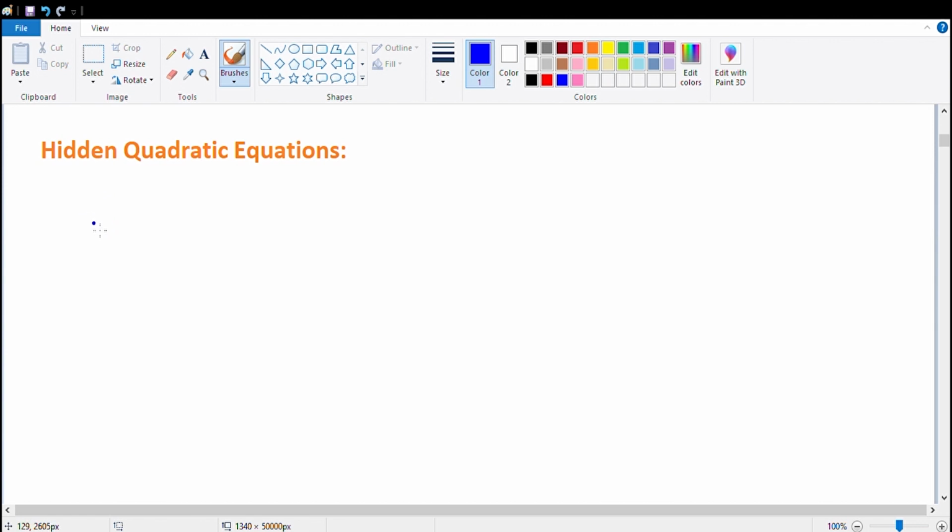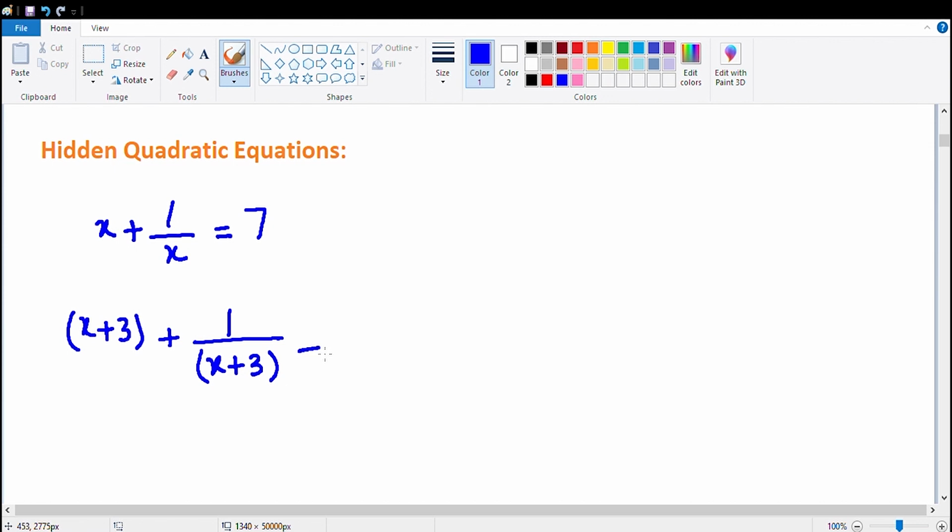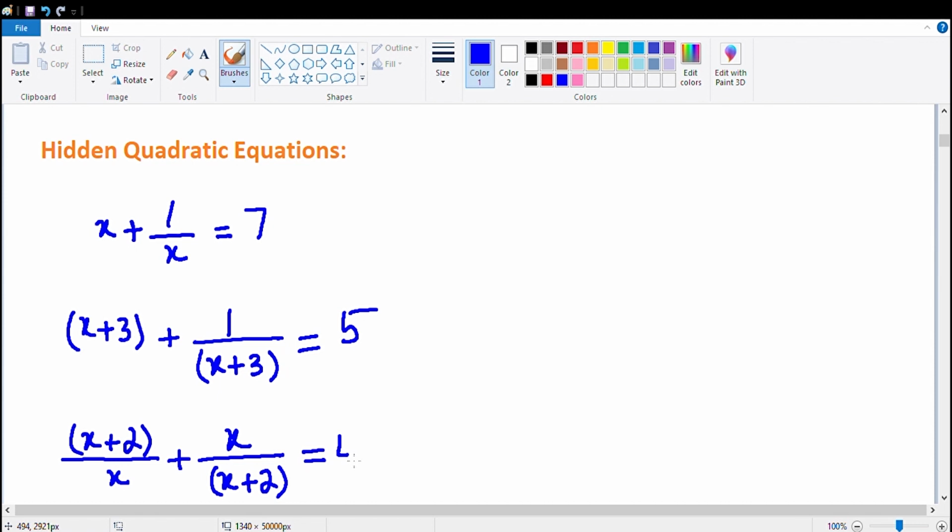If we have something like x plus 1 over x equals 7, or something like x plus 3 plus 1 over x plus 3 equals 5, or we have something like x plus 2 over x plus x over x plus 2 equals, say, 4.